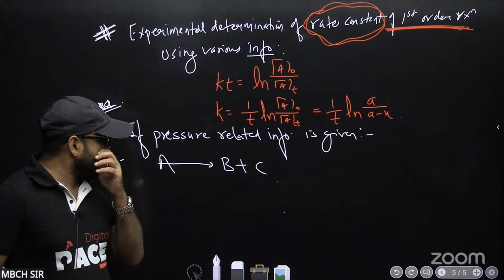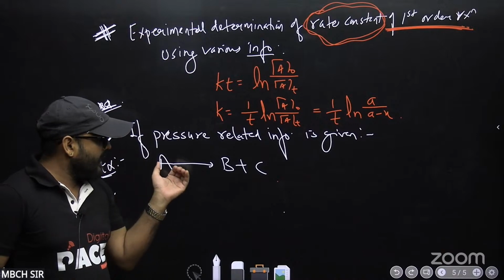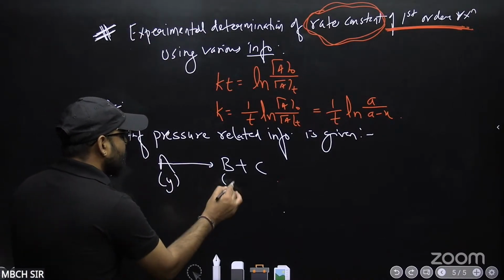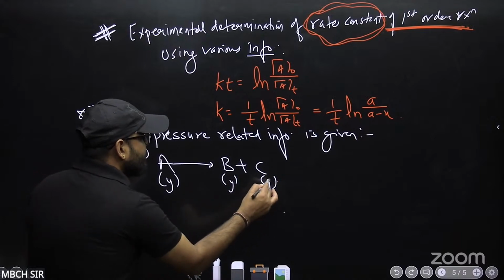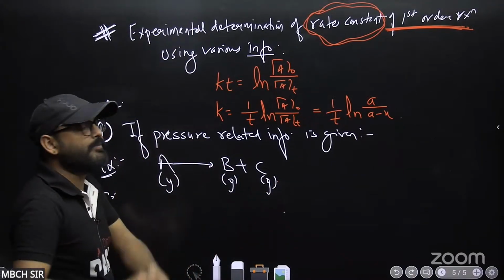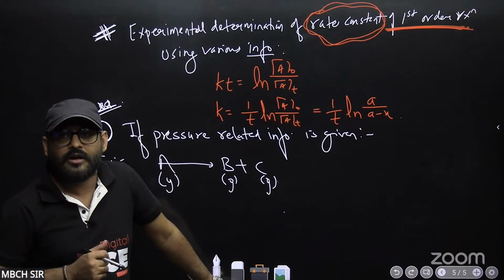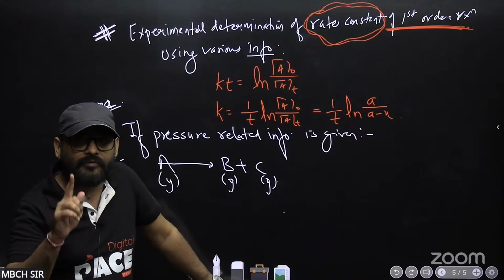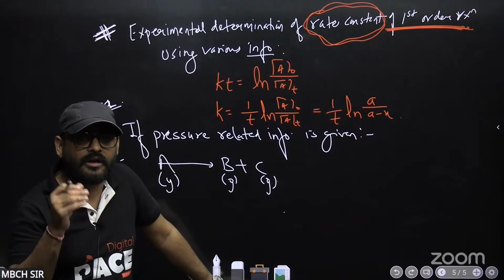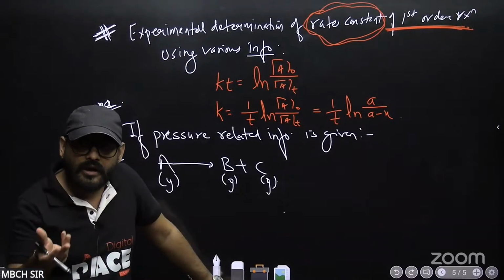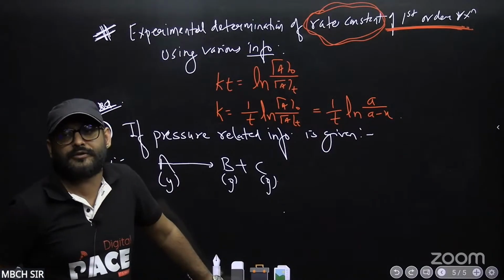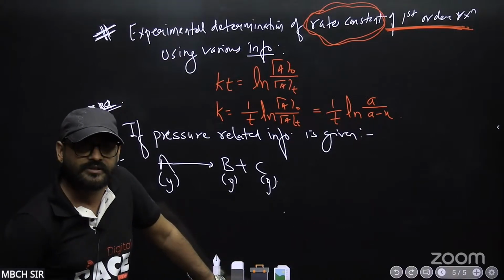What important thing is there? A converting into B plus C, you have to take care that A and B and C are gaseous substances or in some other states like solid or liquid. If they are in solid and liquid, then we won't assume their pressures. We assume their pressures negligible with respect to gaseous substances.